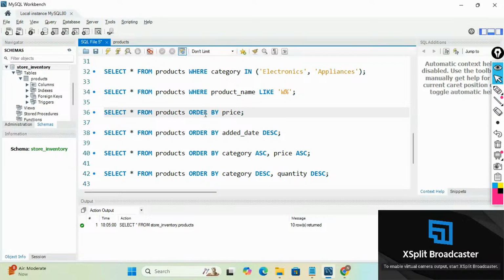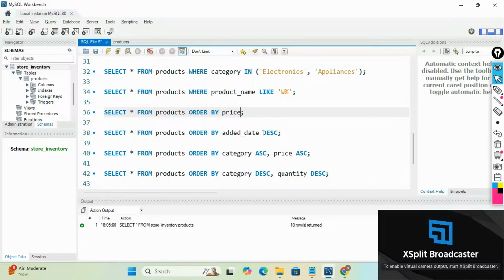If you want the output in descending order, you are supposed to mention it explicitly. When you don't mention it, MySQL by default goes with ascending order. You can sort the data based on one column, two columns, or n number of columns.